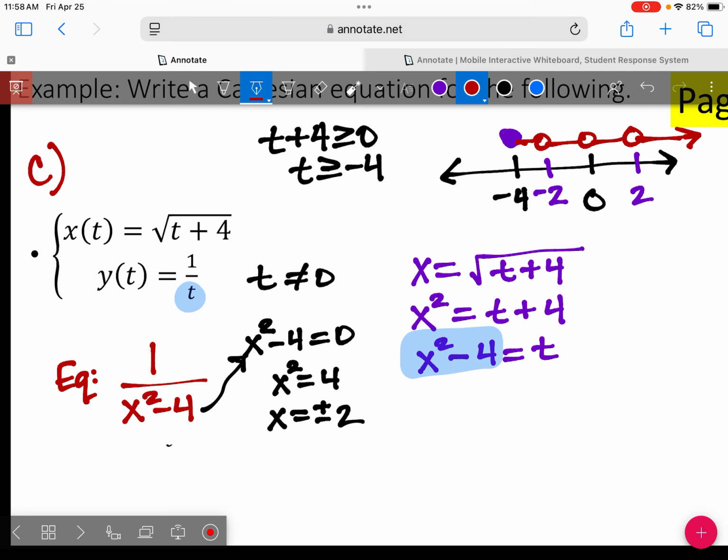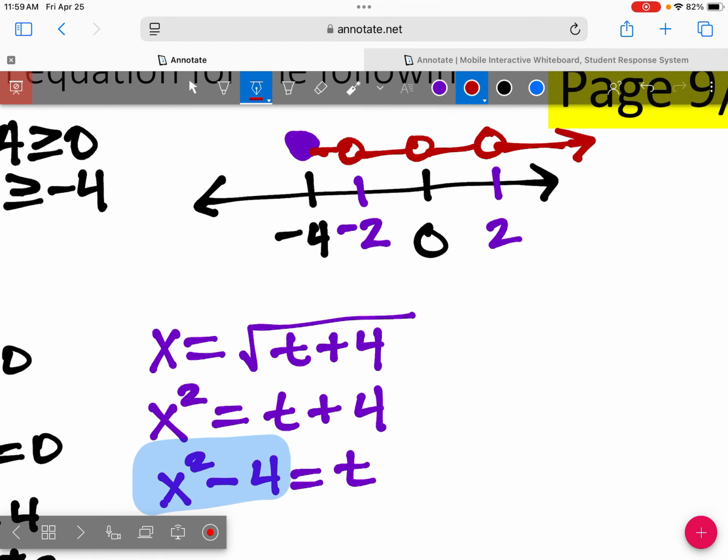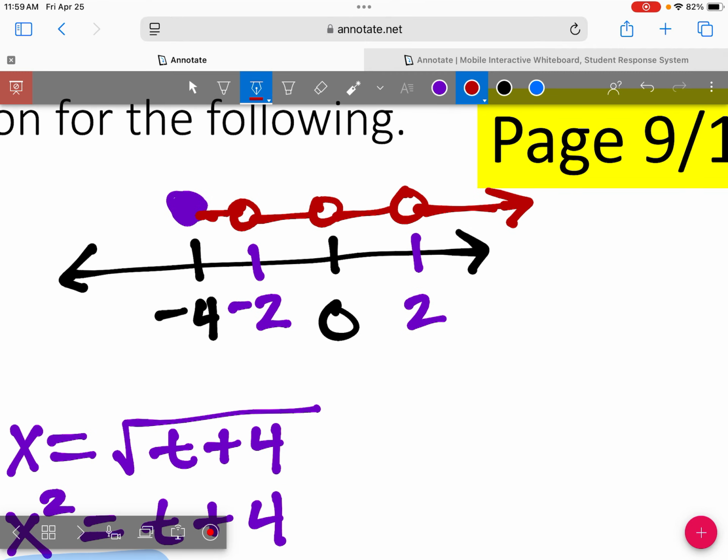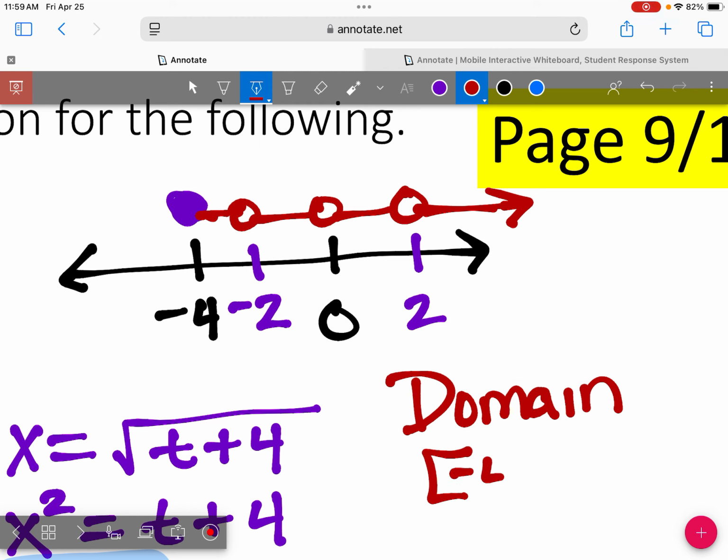In order to do that, I have to write 1, 2, 3, 4. I have 4 different things going on. Let me zoom in really close. So my domain, if we go with the first section, I have a bracket -4, and then I travel to -2. I put a parenthesis there. That's all. I can't even go that far. When I get to -2, I got a red light.